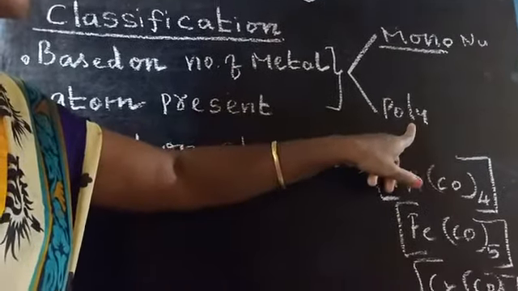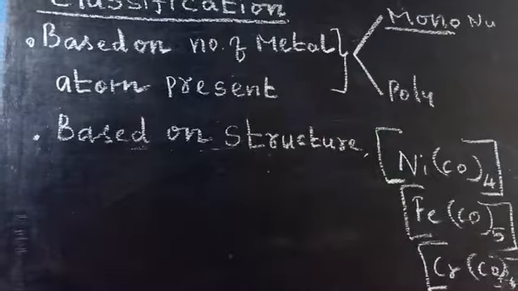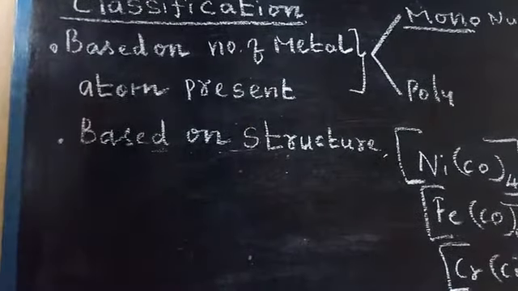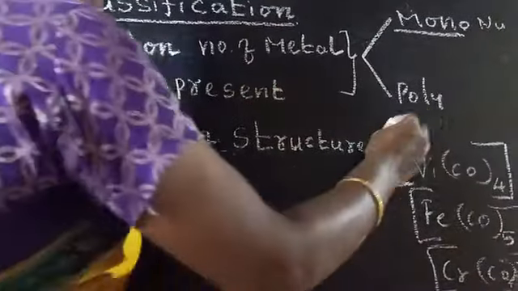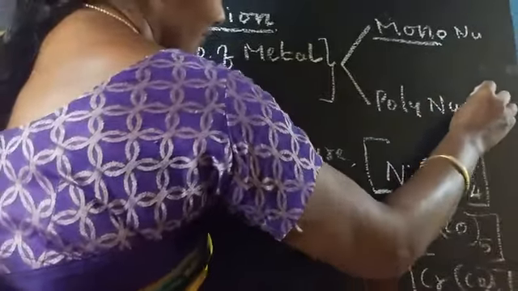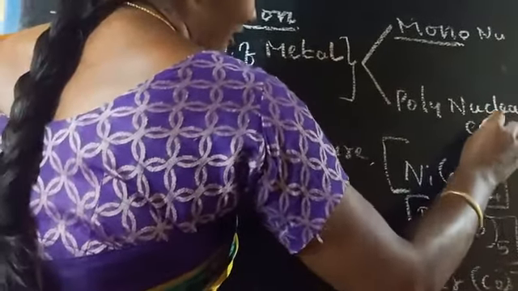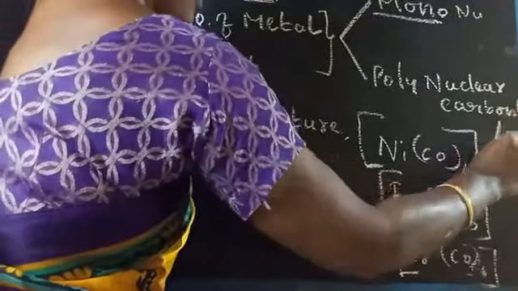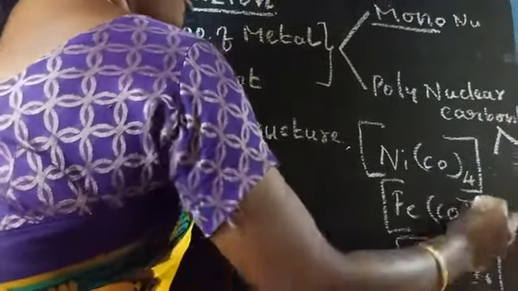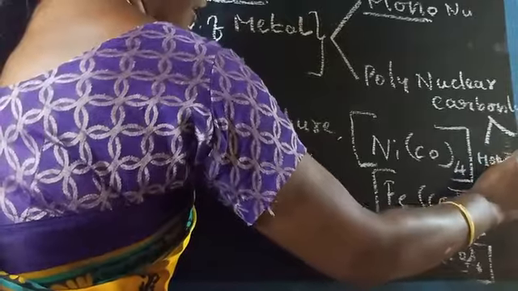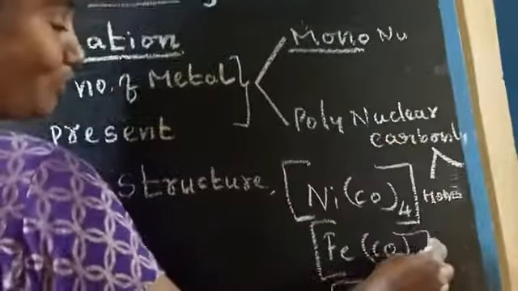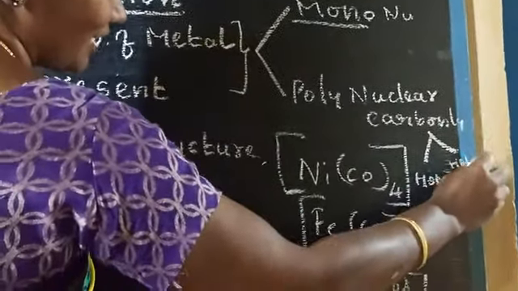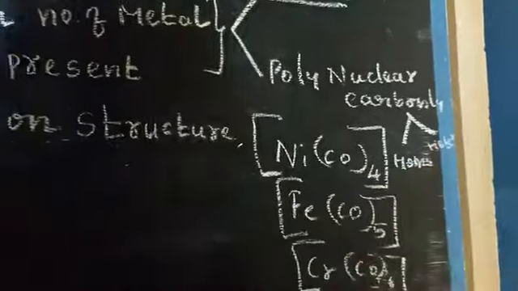Next one, polynuclear carbonyls. A polynuclear carbonyl is again classified into two: one is homonuclear carbonyl and another one is heteronuclear carbonyl.